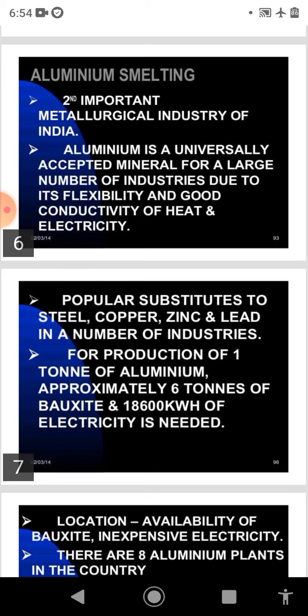In 2004, India produced over 600 million tons of aluminium. Odisha is the largest producer of bauxite.